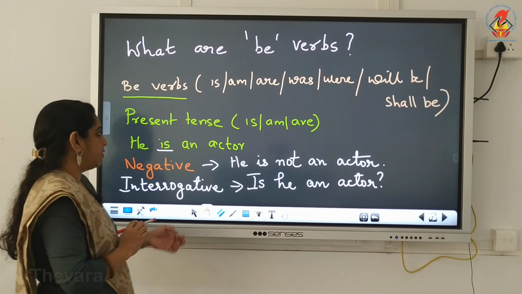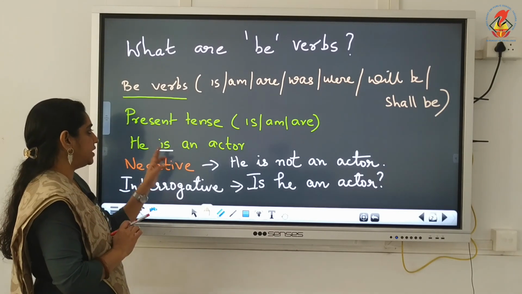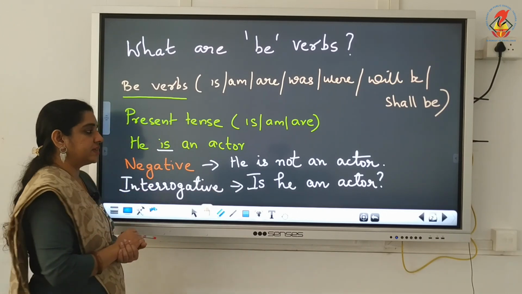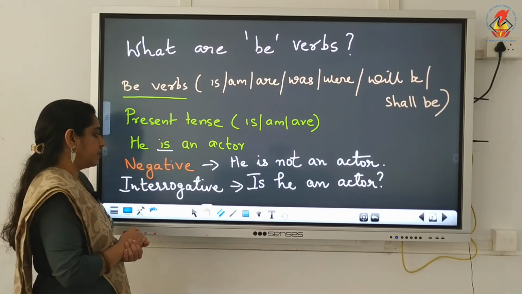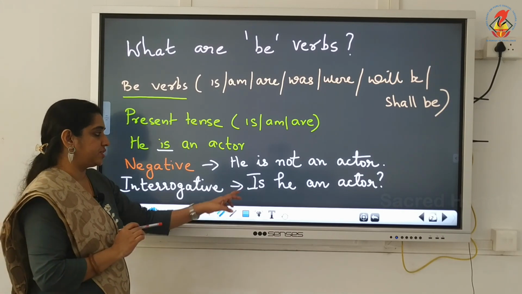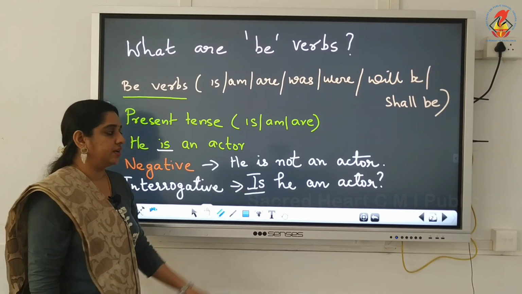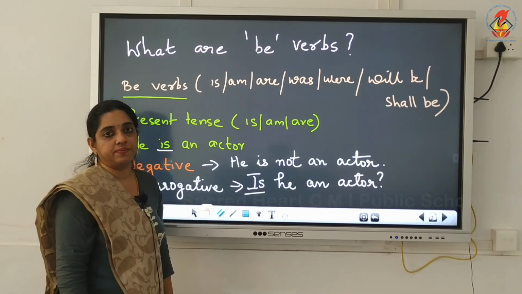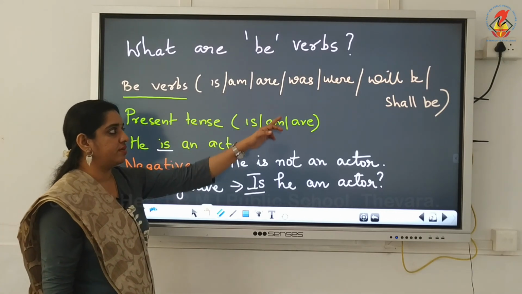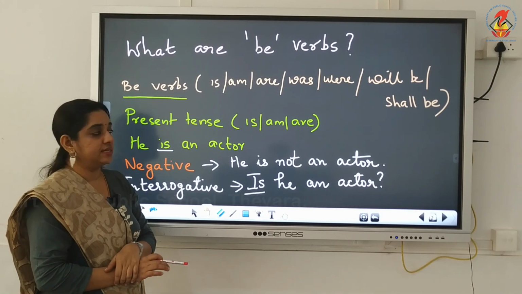Okay. Now, how can you make it a negative? By adding not. He is not an actor. So, you can make a negative sentence using be verb. And how can you create an interrogative sentence using be verb? By putting it in the beginning. Is he an actor? Okay, so be verb means is, am, are, was, were, will be and shall be. Which all be verbs are used in present tense?